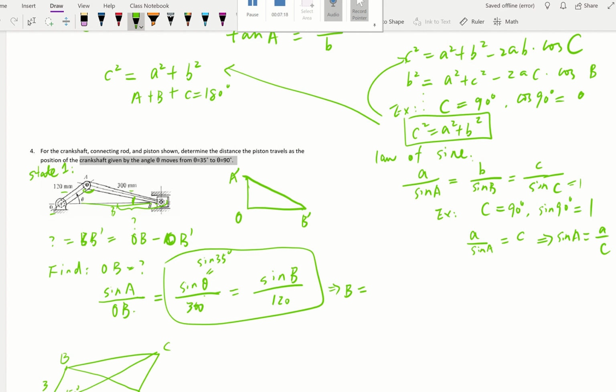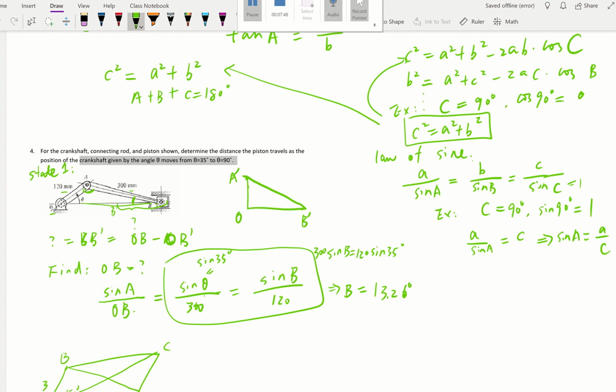Then take an inverse sine. This angle is 13.26 degrees, right? The way we solved it is sine B times 300 equals 120 times sine 35, cross multiply.